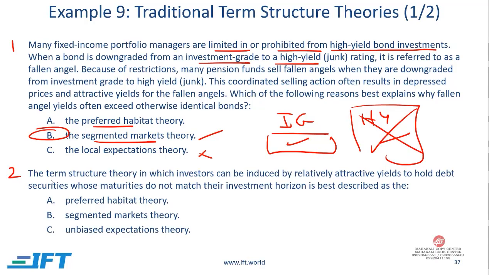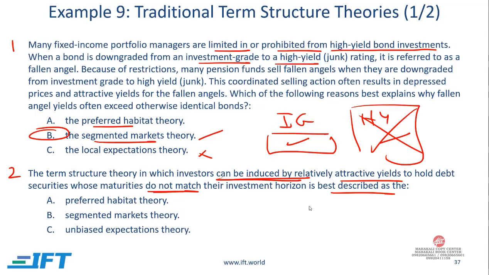Next, the term structure theory in which investors can be induced by relatively attractive yields to hold debt securities whose maturities do not match their investment horizon is best described as, now again, I hope you got this. The key point is that investors can be induced by relatively attractive yields.